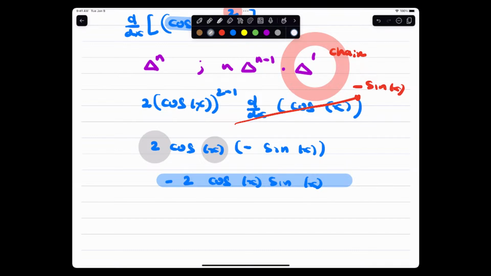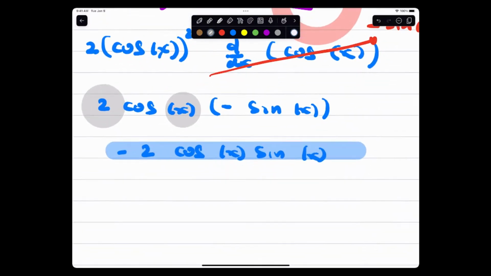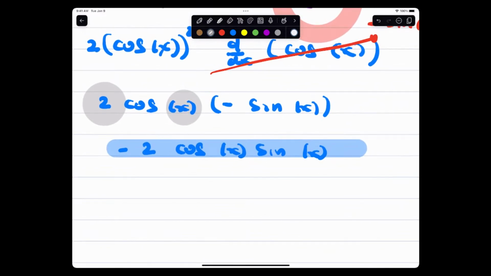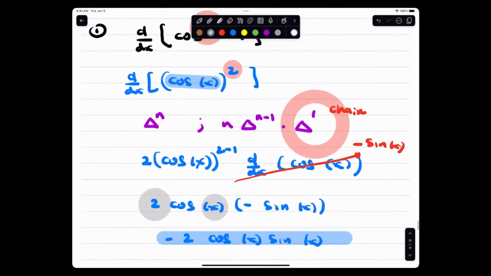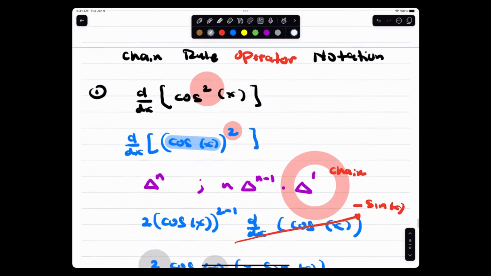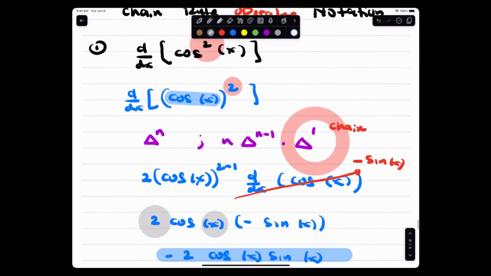But let me finish that, just so some people think that, can I ever multiply the 2 with the x? No, it's functional notation, like f of x. Can I write an equivalent identity here? You can, but you don't have to. This is just really, can you work with operator notation for chain rule?